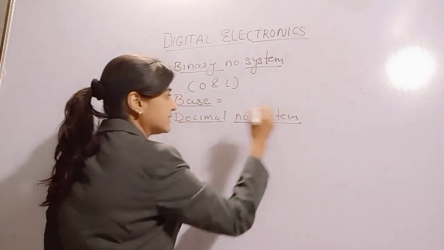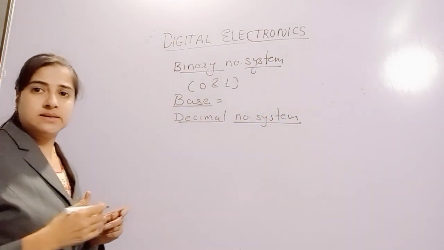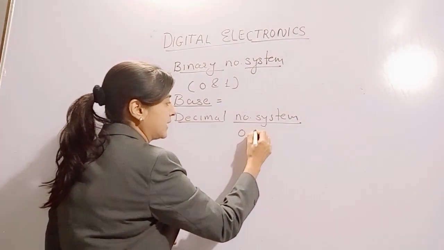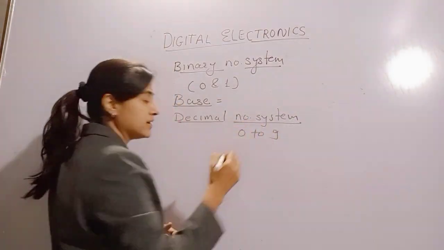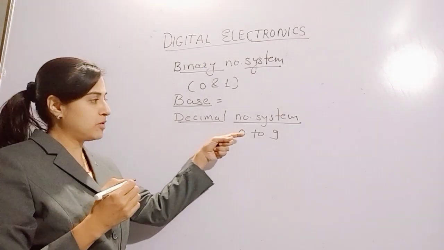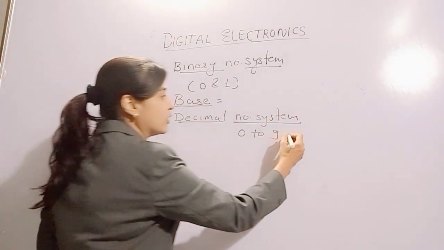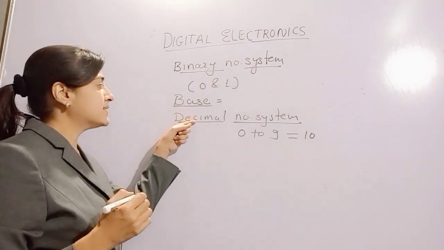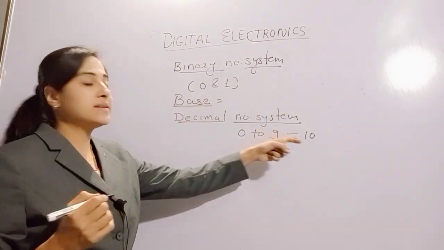The decimal number system uses the symbols 0 to 9. Any number in the decimal number system can be formed using these symbols only. From 0 to 9, total 10 symbols are there. That's why this number system is said to have base 10.